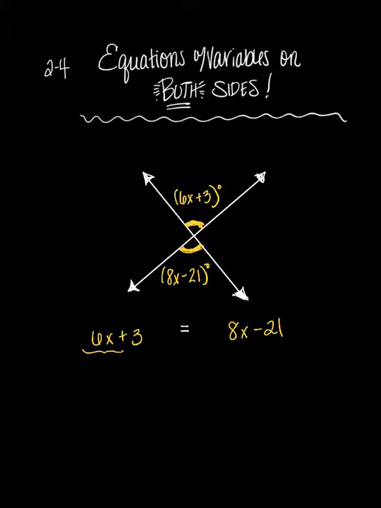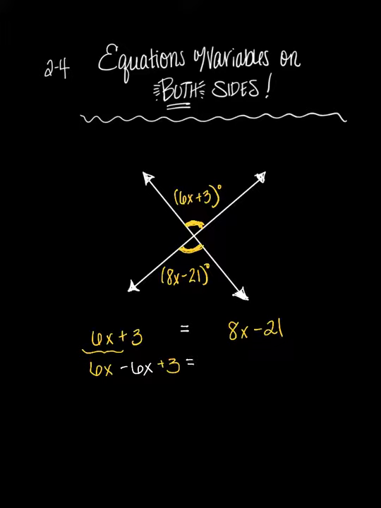So am I adding 6x here, subtracting, multiplying, or dividing it with 3? Hopefully you saw that because it's positive over here, I am adding 6x to 3. So I'm going to do the opposite of addition, which is subtraction. And bring down your 3. Don't just leave that guy hanging out there; you've got to remember him.